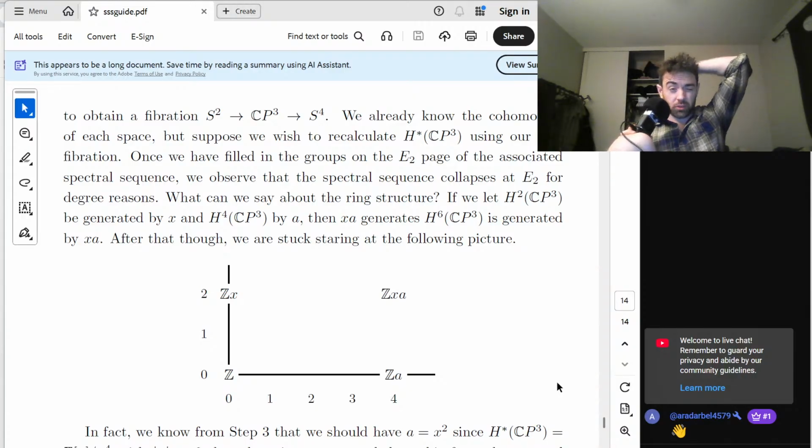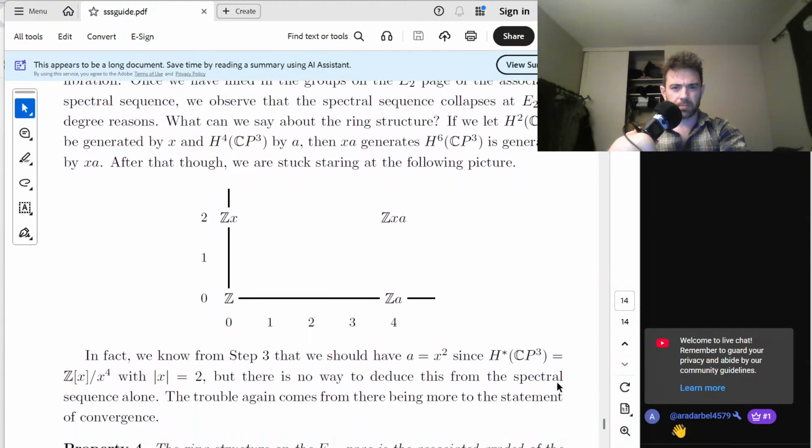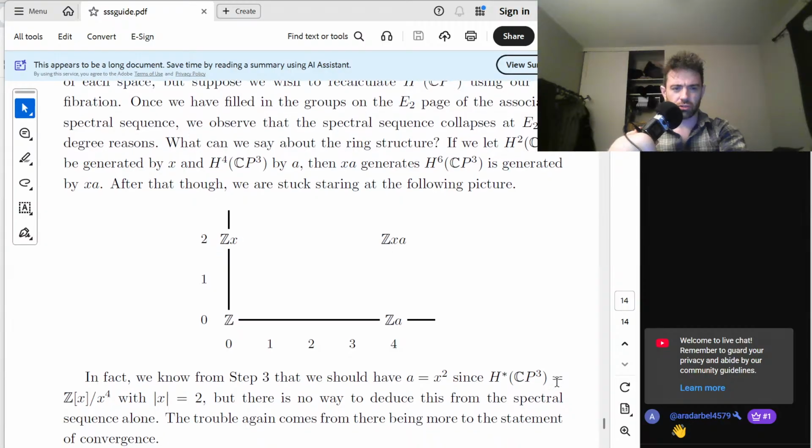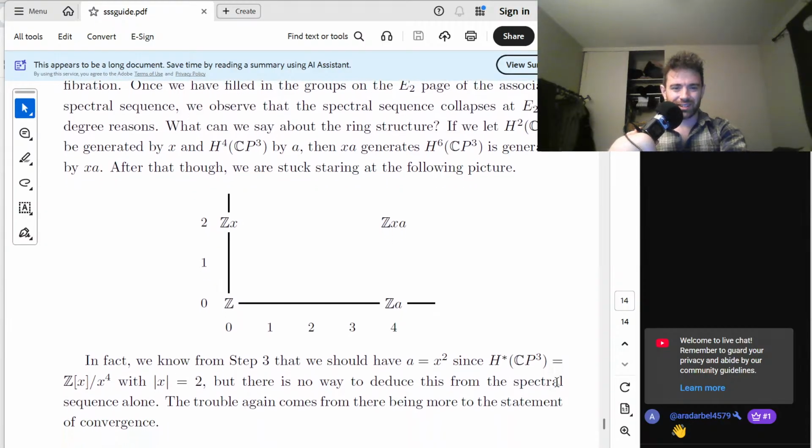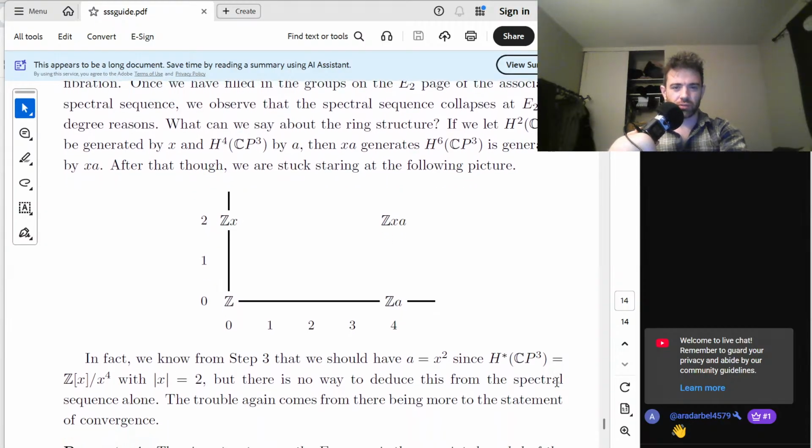If we let this be generated by x and this be generated by a, then we get this. And after that, we are stuck at the following picture. That was like me yesterday. In fact, we know from step 3 that we should have that, but there's no way to deduce this from the spectral sequence alone.